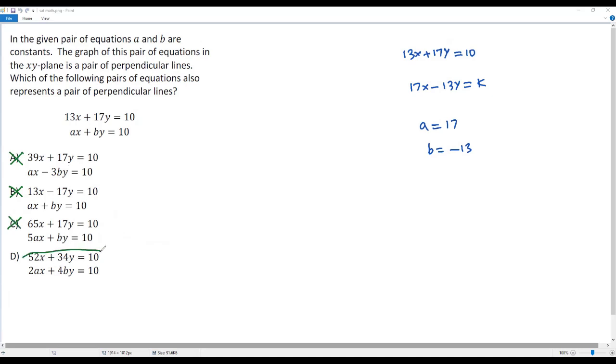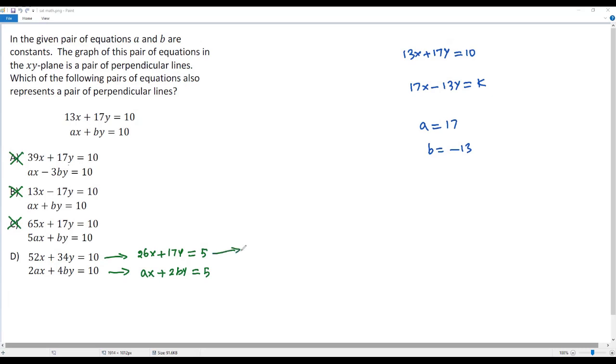Now let's consider the pair of equations in answer choice D. Here, in the first equation, that is 52, 34, 10, everything is a multiple of 2. So we can divide each term of the first equation by 2. Then I'm getting 26x + 17y = 5. And again, in the second equation, each term is also a multiple of 2. Let's divide each term by 2. Then we get ax + 2by = 5.